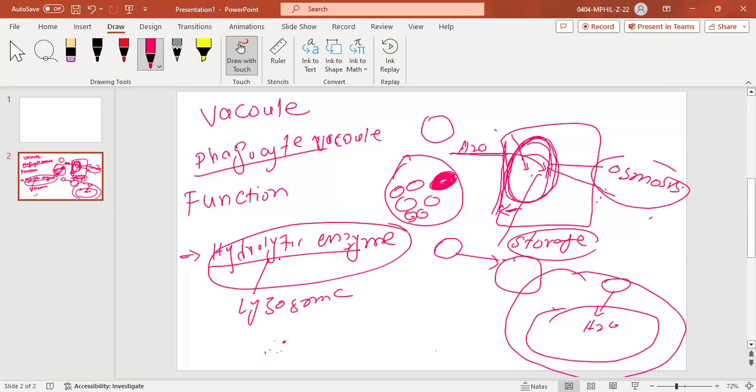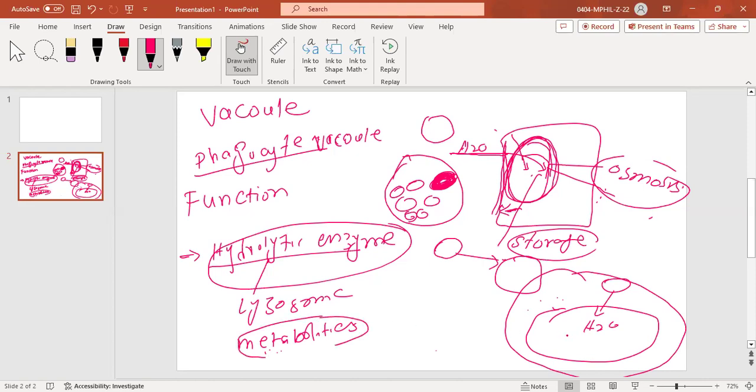They may also contain various chemicals that may accumulate inside this vacuole. It is possible that it may contain some metabolites, which are the chemicals, the substances produced by the process of metabolism.